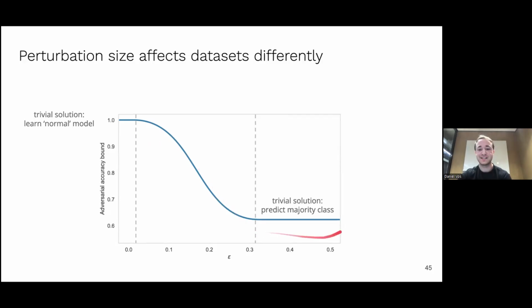Then all the way on the right, for large epsilon values, there's also a problem because there's a trivial solution there, which is just always predicting the majority class. You will always get, for example, 60% accuracy if your data set has 60% class 1 samples and 40% class 0 samples. So the interesting part is actually the part in between.